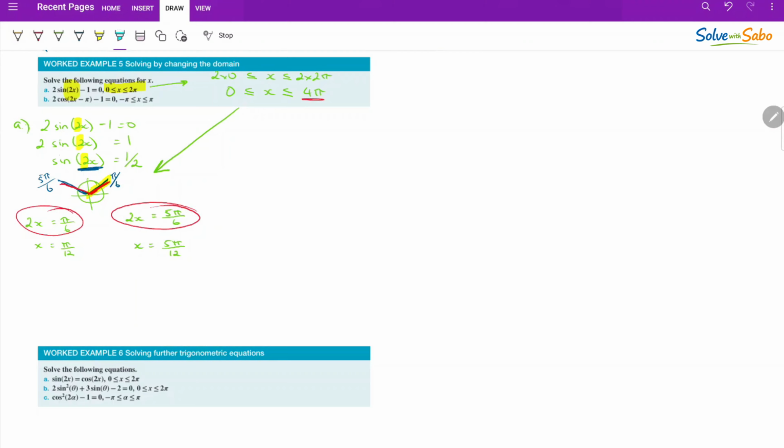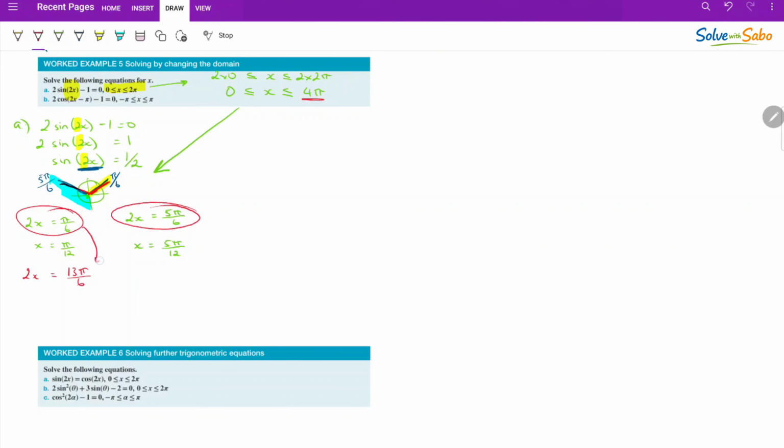Same with this angle back here. This is 5 pi on 6, and then the red one is just the same place, with another full revolution. So yes, 2x is pi on 6, but that also means 2x is equal to 13 pi on 6.